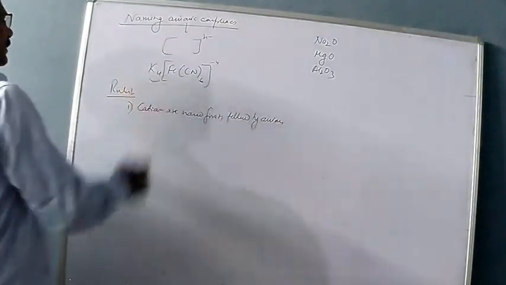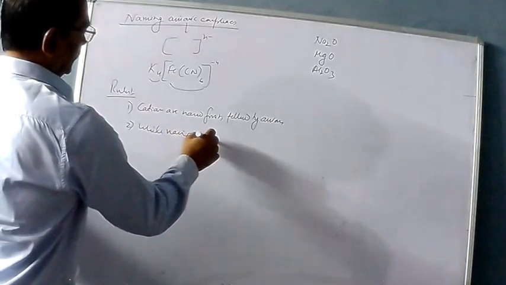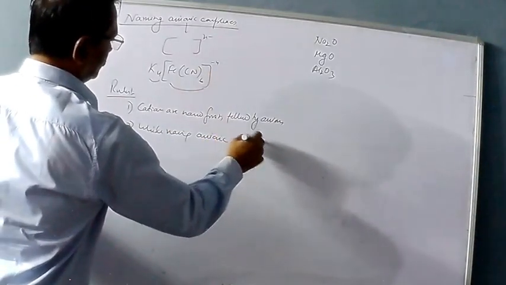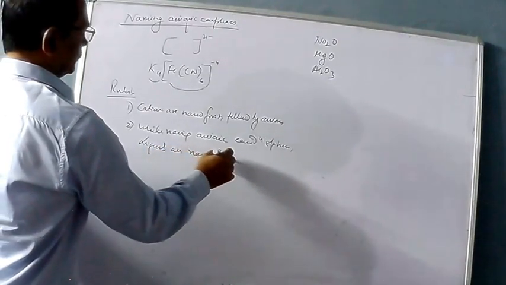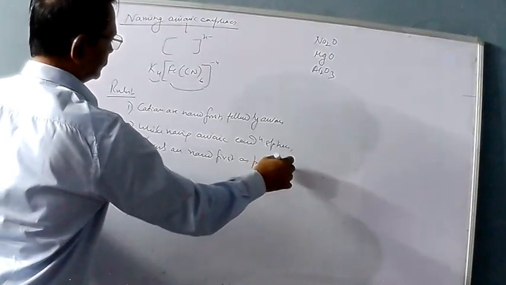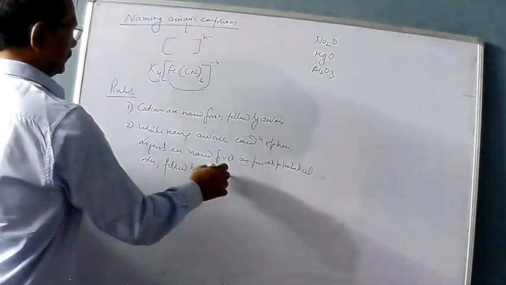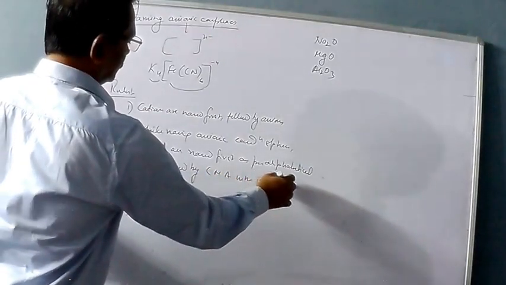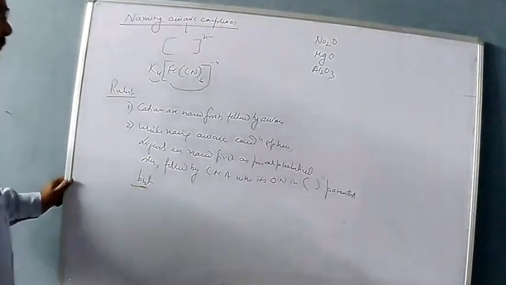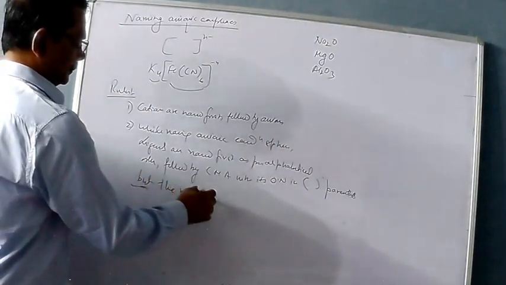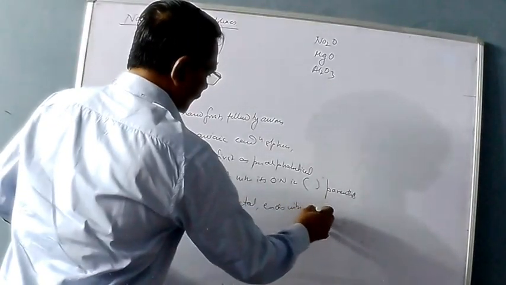So first of all, you'll tell about this, then cations are named followed by anion, and number 2, while naming the anionic coordination sphere, again ligands are named first as per alphabetical order, as we've been doing, followed by the central metal atom with its oxidation number in parentheses, but the name of the metal ends with the suffix -ate.